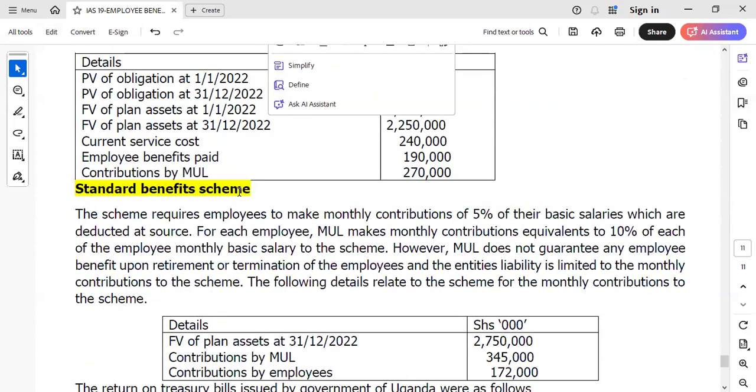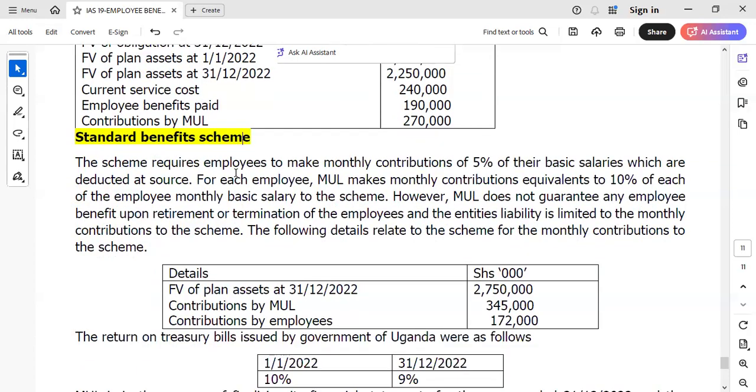Okay, so let's look at the standard benefit scheme. The scheme requires employees to make monthly contribution of 5% of the basic salary, which are deducted at source before paying.